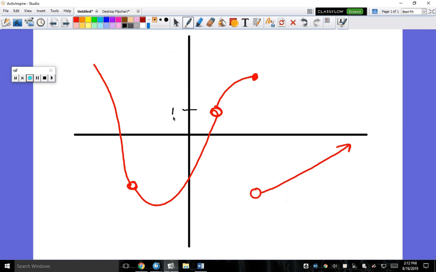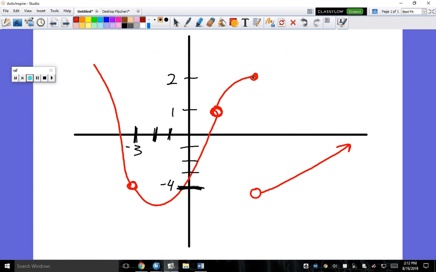So we'll say this is like 1, this is 2. We'll say this is negative 3. This is negative 4. And that's negative 4. Alright. So here's our graph, guys.